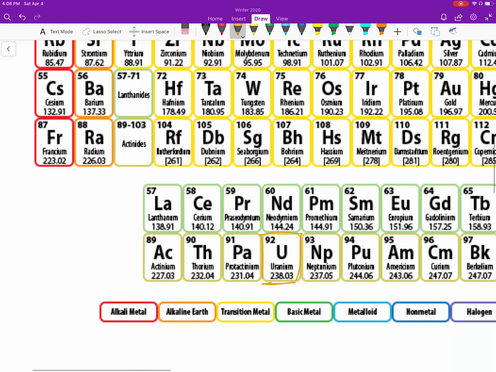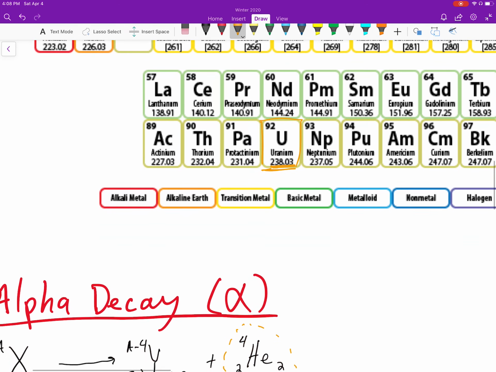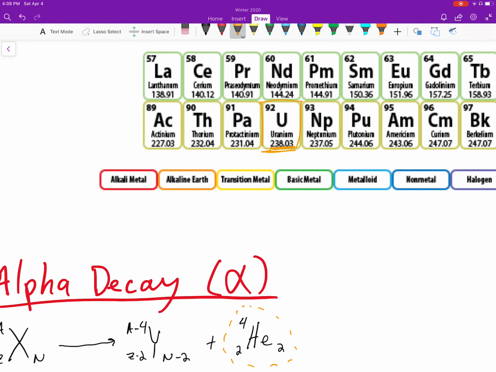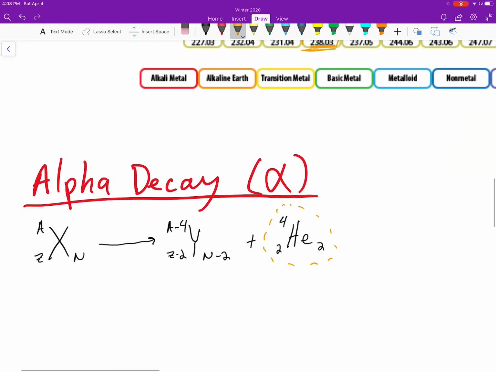Uranium is massive: 238 atomic mass units, with 92 protons, so there are a lot of neutrons as well. So it's going to release a helium atom to decay to become more stable. Should uranium become unstable or radioactive, it's going to decay, releasing helium to become more stable.